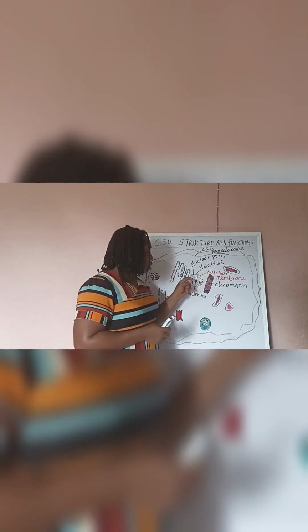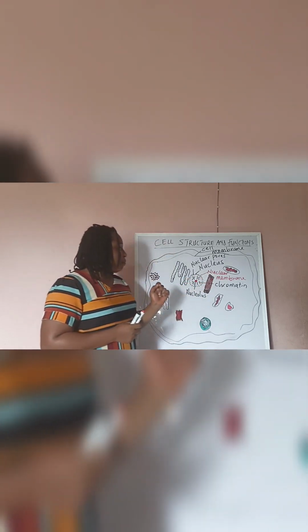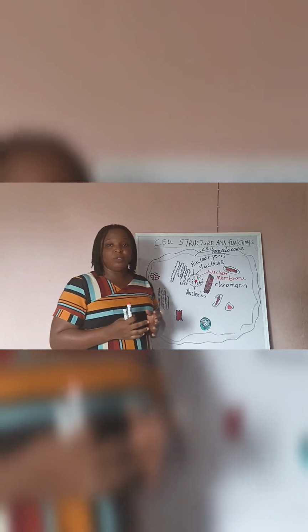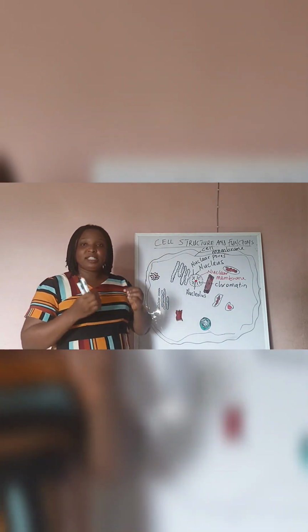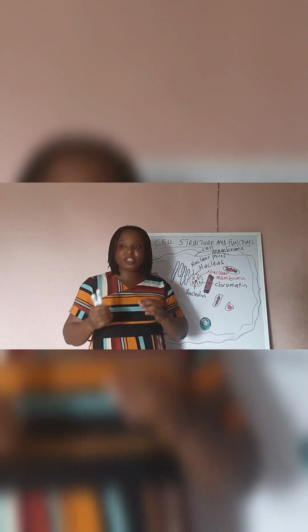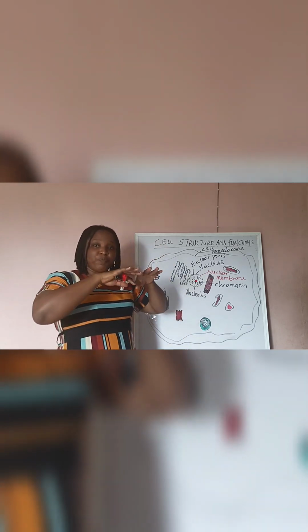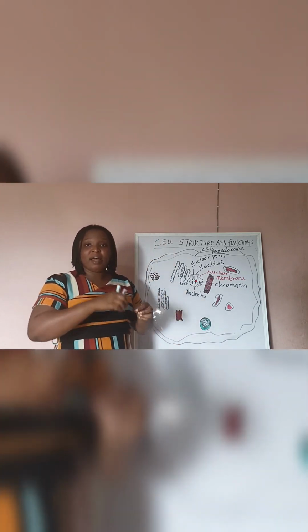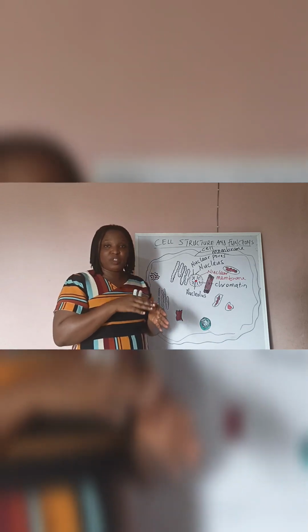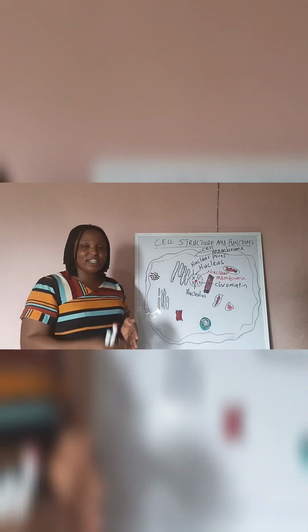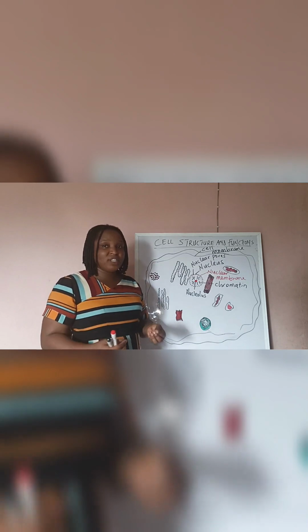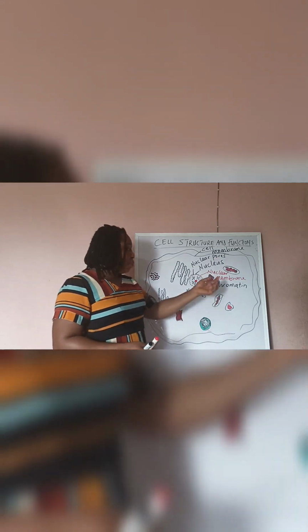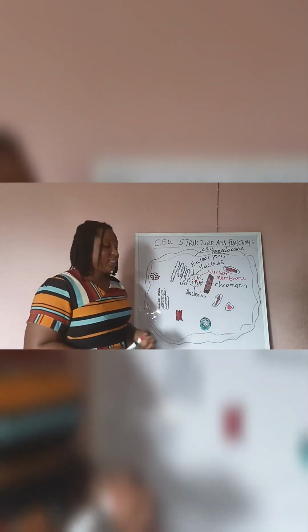The condensation of this chromatin forms the chromosome, and you know that the genetic information of living organisms is in the DNA. So it's the DNA that carries the genetic information of a living organism. So these DNA are present in the chromatin.